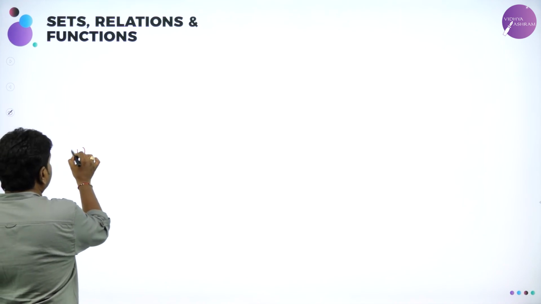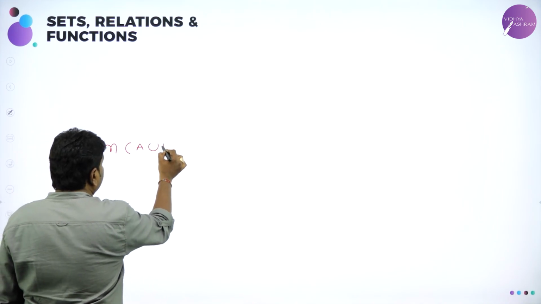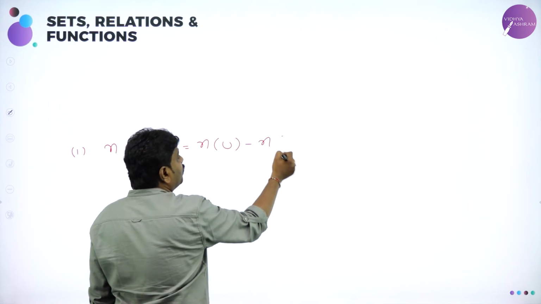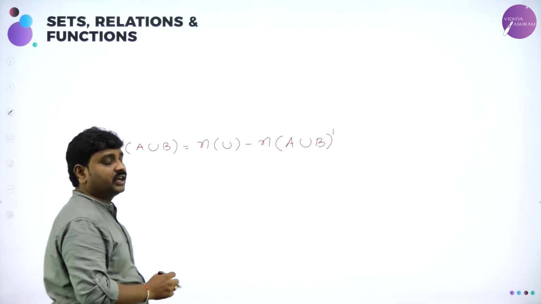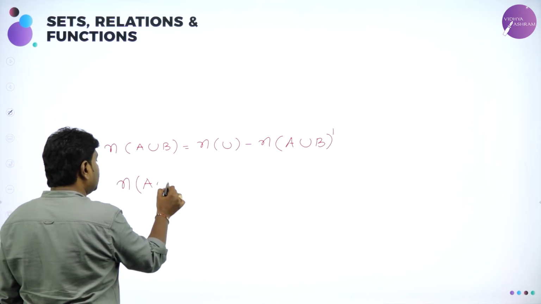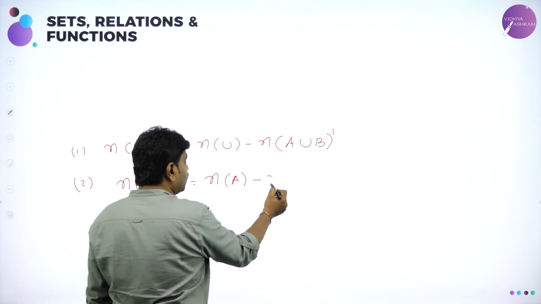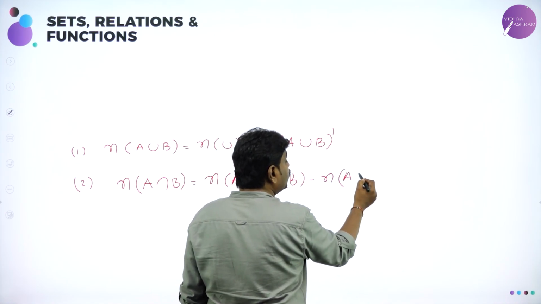The first one I taught you: A union B you can also find when they give universal minus complement. And the second one I taught, N of A intersection B, if you want you can write N of A plus N of B minus N of A union B.